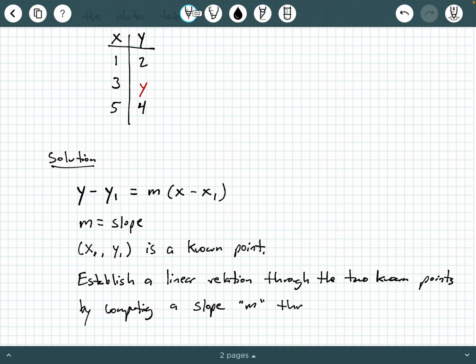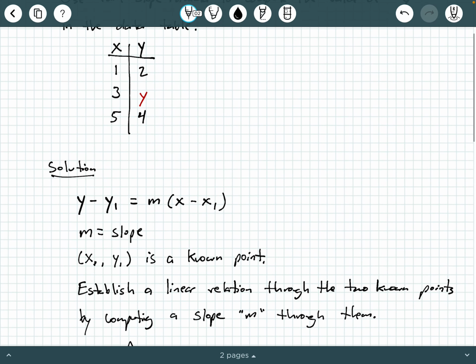Let's do that. Let's say that m is going to be equal to what? If you remember from Algebra 1, slope is the change in y over the change in x values. Being a little more particular, it's the change in dependent variable values divided by the change in independent variable values. So we can say delta y over delta x equals what? Let's look at delta y first.